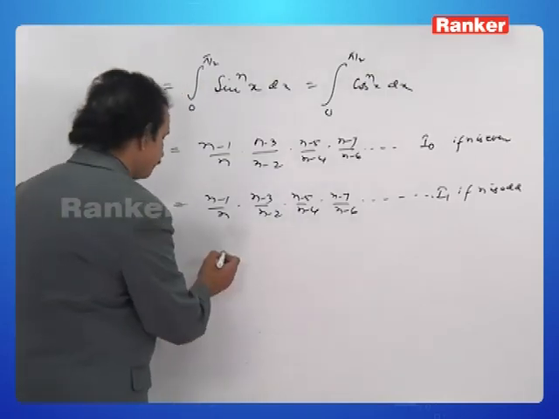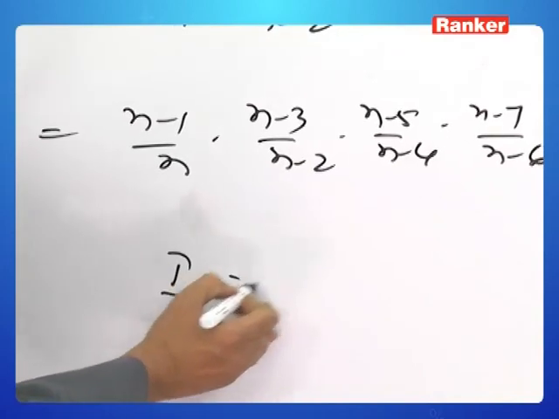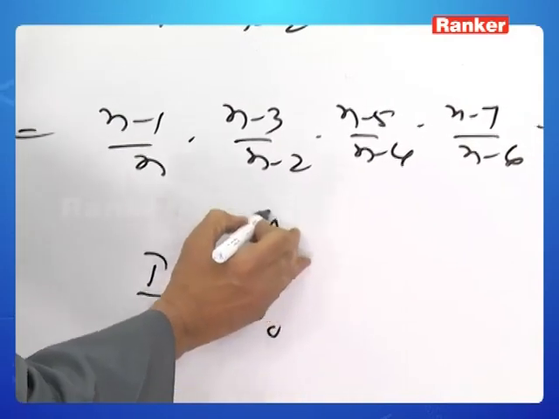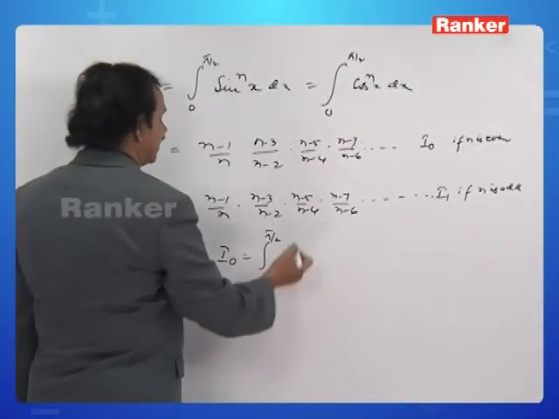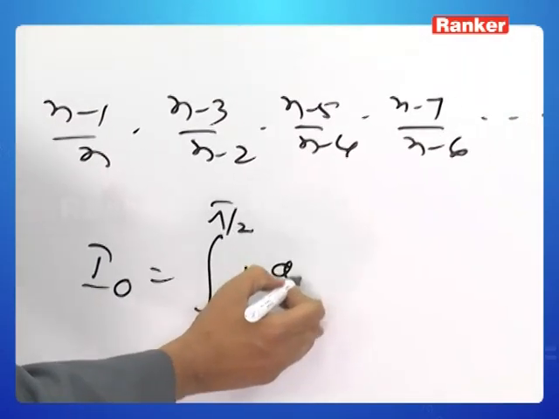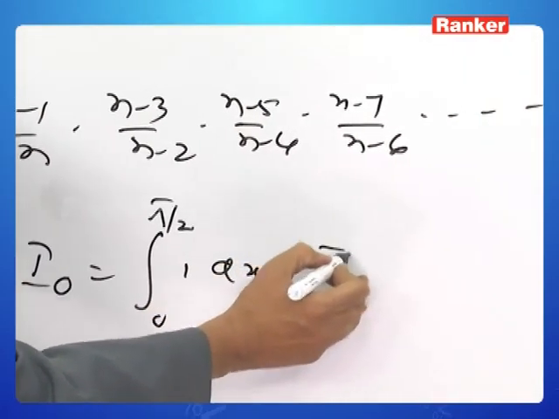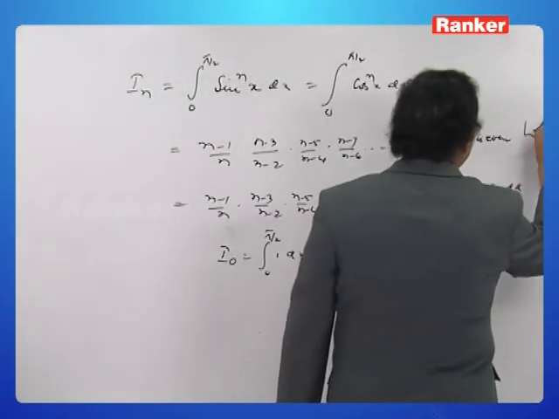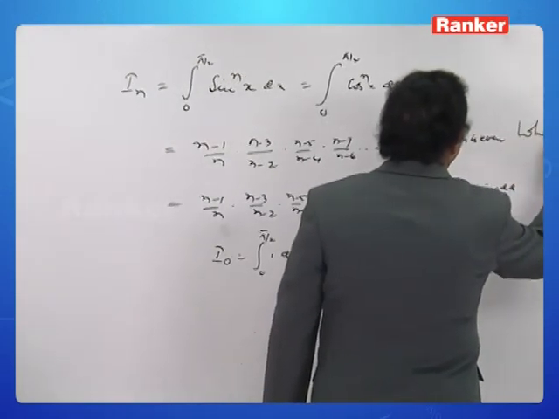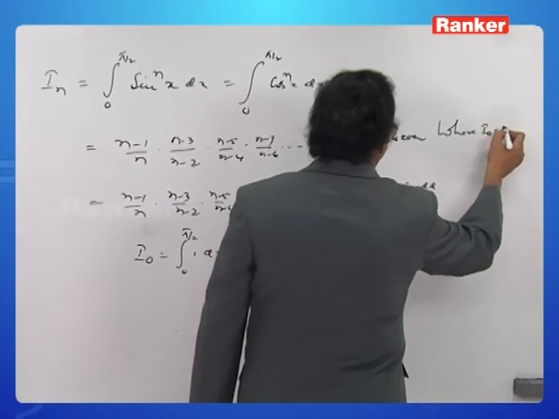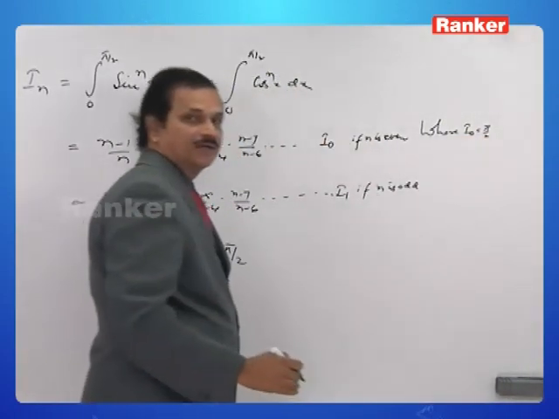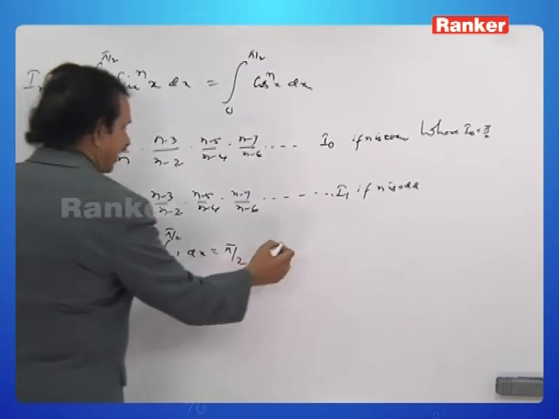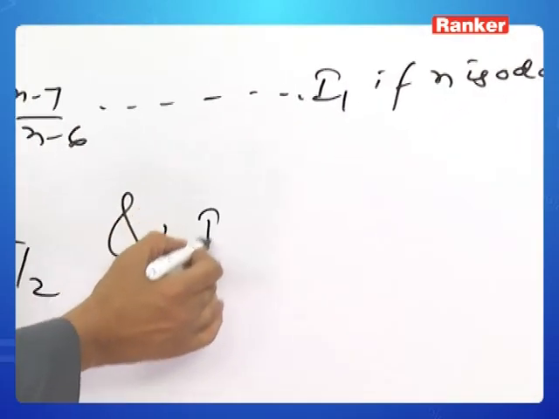What is I0? I0 is equal to integral 0 to pi by 2 sin power 0x is 1, dx is nothing but pi by 2. Therefore, I0 is pi by 2. Okay, and I1, what is I1?